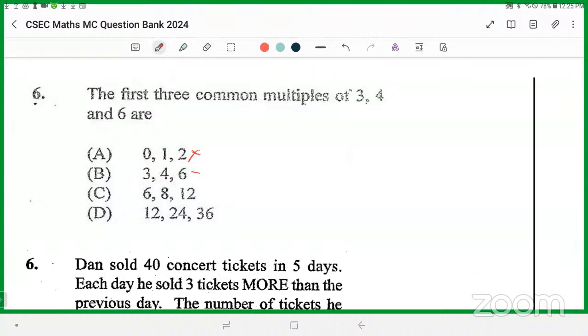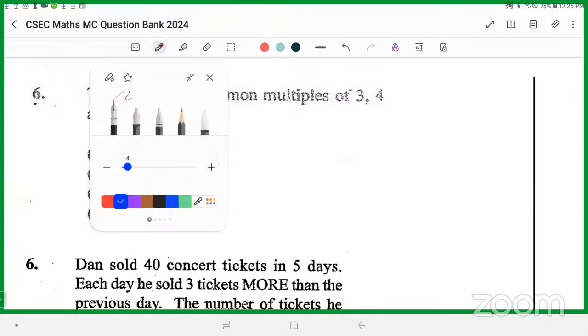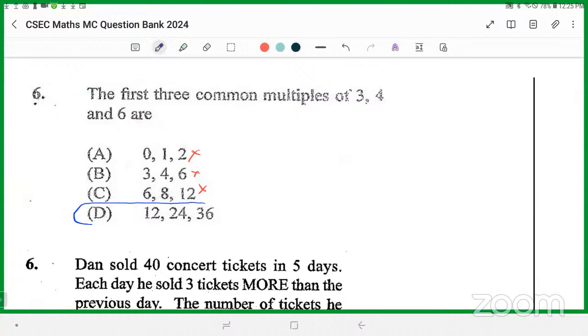So this one is not it either. This one, 8 is not a multiple of 3, so it can't be that one either. So the answer must be the one left, the last one. I can check it: 12 is a multiple of these 3 numbers, 24 is a multiple of the same 3 numbers, 36 is a multiple of the same 3 numbers. That's it.